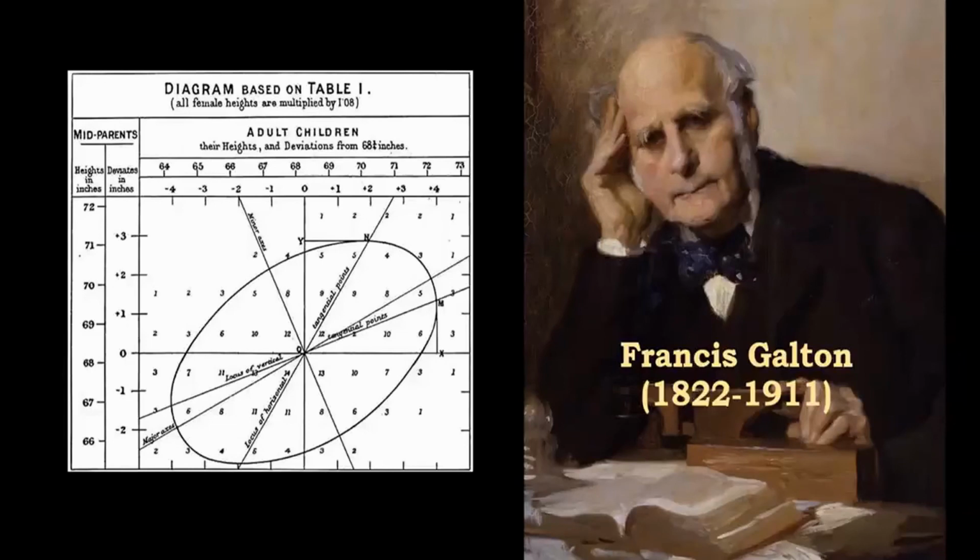In this diagram, Galton shows the relationship between the two variables could be represented by lines. These are what we call regression lines. And those lines represent some aspect of the relationship between these two variables.